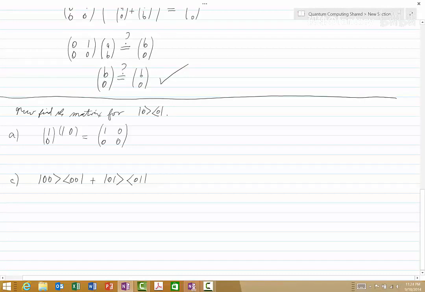Okay, now once again, just as was the case in problem A, so it is the case in problem C as well, that we need to have a very clear understanding of what the basis is in this case and the ordering of the basis.